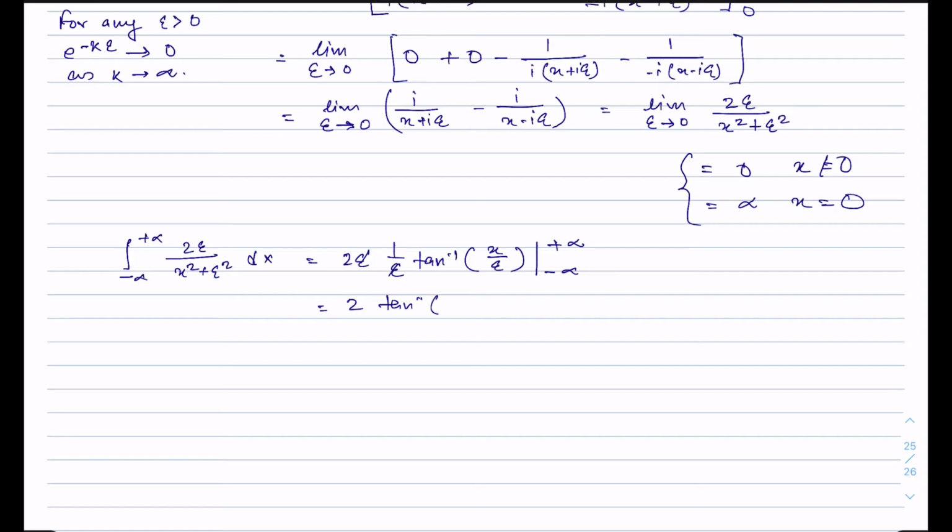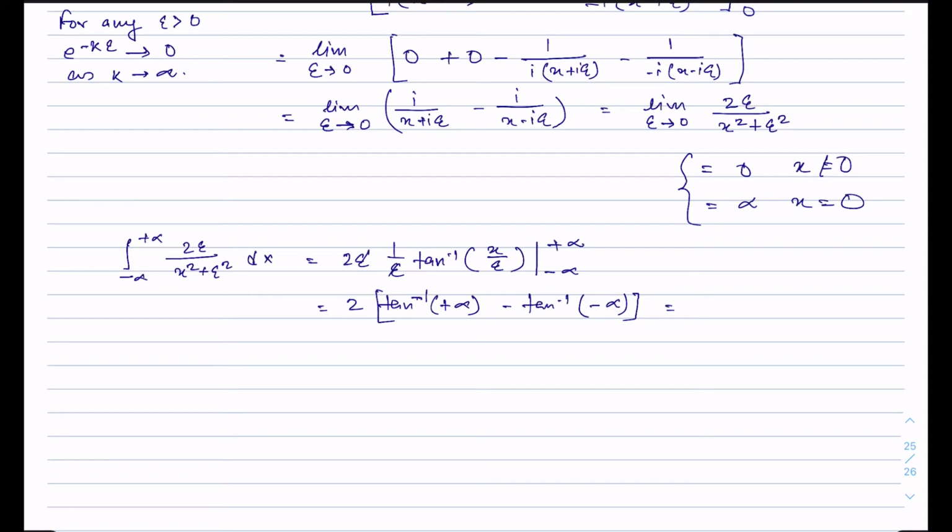Now you have to put the upper limit, which is plus infinity, minus tan inverse of the lower limit, and we all know that for tan pi by 2, the value is undefined or infinity.